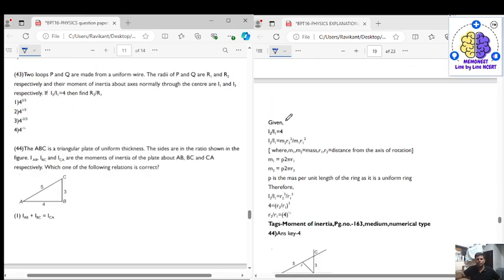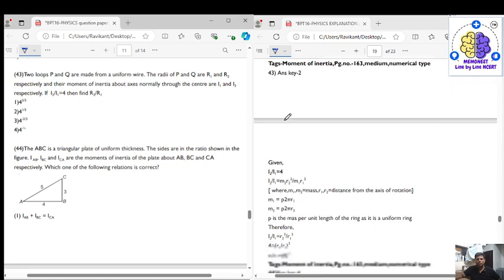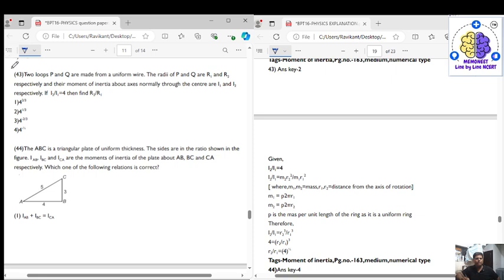Next, question number 43. Question 43 says that the two loops P and Q are made up of a uniform wire. The radii of P and Q are R1 and R2 respectively, and their moment of inertia about an axis normally through the center is I1 and I2 respectively, where I2 upon I1 is equals to 4. Find R2 upon R1.